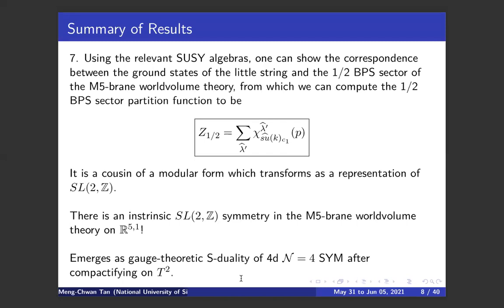We are looking at a theory in R^{5,1} and quantizing it, and understanding its BPS spectrum. And then inside sits a symmetry that we know so well, which manifests itself explicitly once you compactify on T^2. So this is just like the S-duality of 4D N=4 super Yang-Mills, because the (2,0) theory, when you compactify on T^2, gives you 4D N=4 super Yang-Mills. Okay, so that's the nice part here.